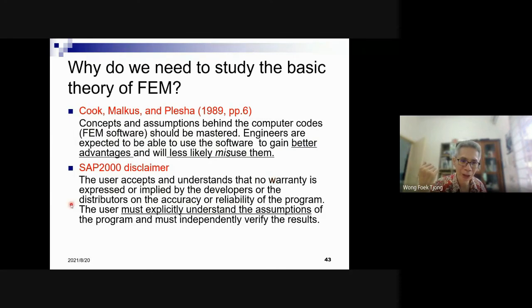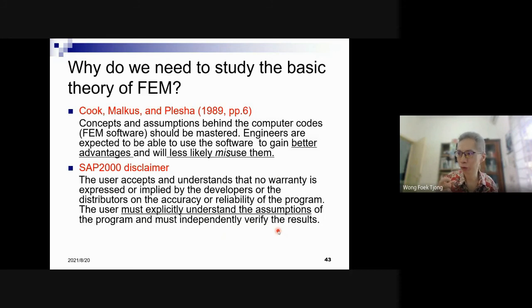So the users must explicitly understand the assumptions. Again, when you use software, you must explicitly understand the assumptions of the program. You even have to independently verify the results. So again, this course will help you to understand the assumptions.